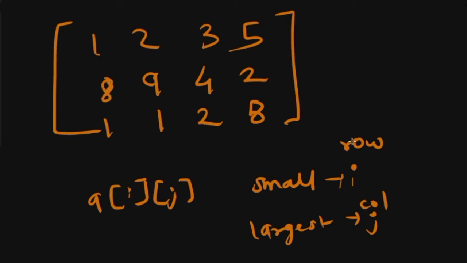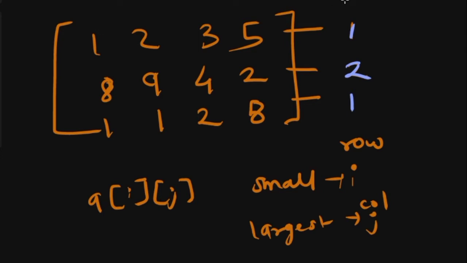So how would I check whether any value is lowest in its row and largest in its column? What I can do is store the smallest value of each row somewhere. The smallest value here is 1, here is 2, and here is also 1.